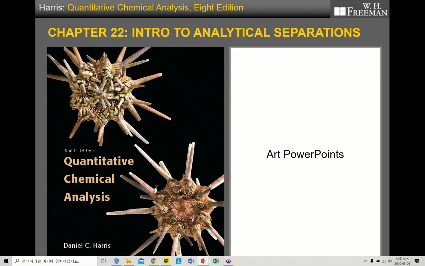So those three subjects, acid-base chemistry, electrochemistry, and separation techniques, are essential parts of analytical chemistry. And the separation techniques have been widely used to detect very small amounts of the analyte, not only in chemistry but also in other fields like biochemistry, biology, and life science.